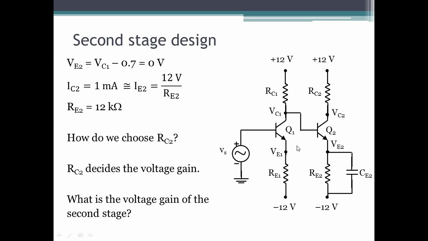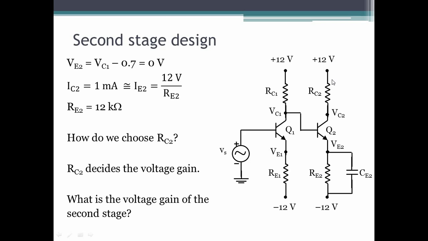So the current here is 1 milliamp. This voltage is 0, this voltage is 12. So RE2 has 12 volts across it, 1 milliamp through it, and so RE comes out to be 12 kilo ohms. So we choose RE to be 12 kilo ohms.